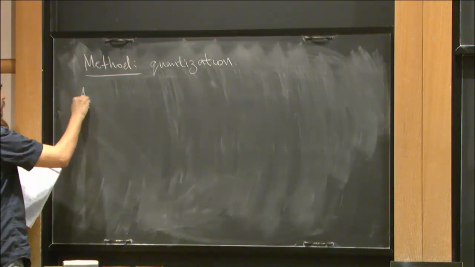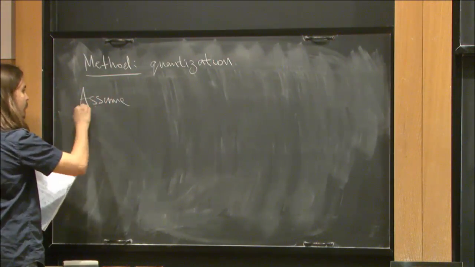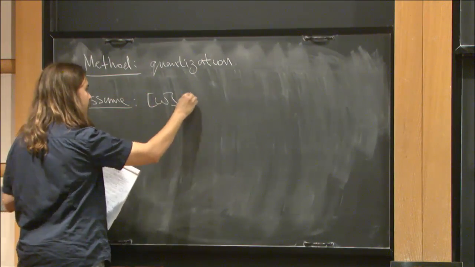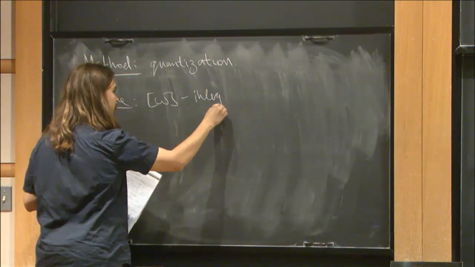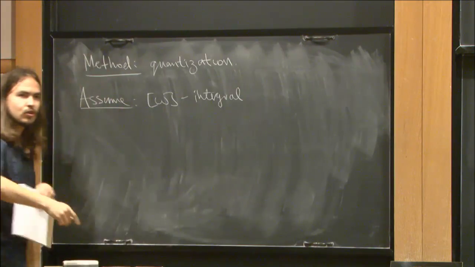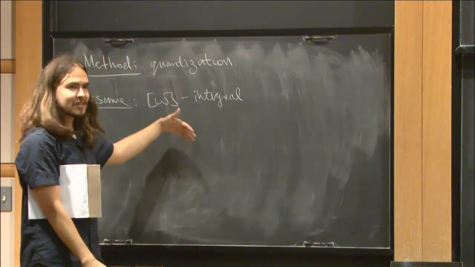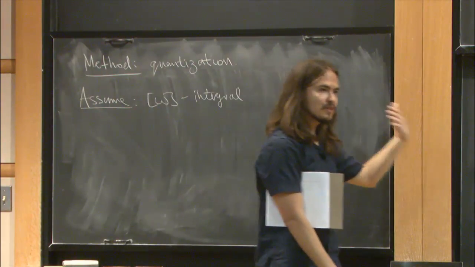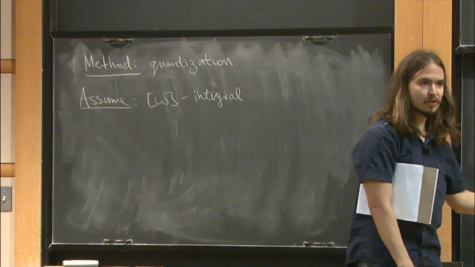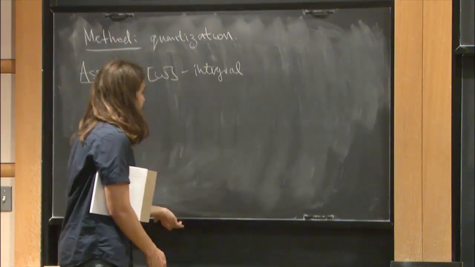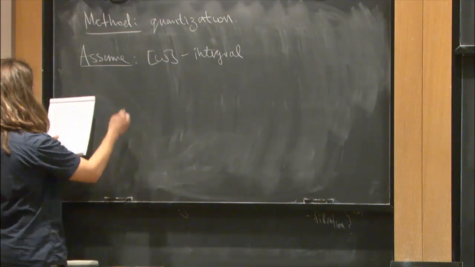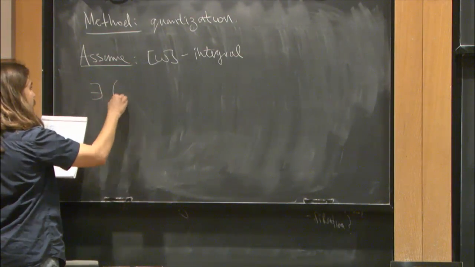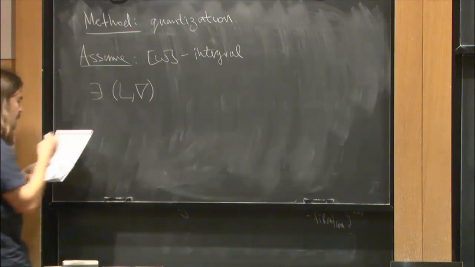So assume that omega is integral, right? So it lies in the image from H2 with integral coefficients into H2 with real coefficients. Then there exists L nabla.